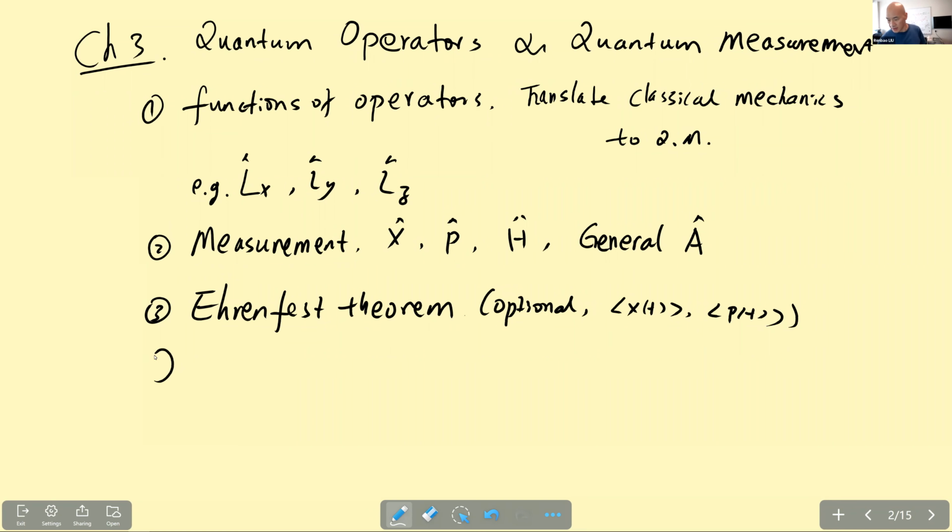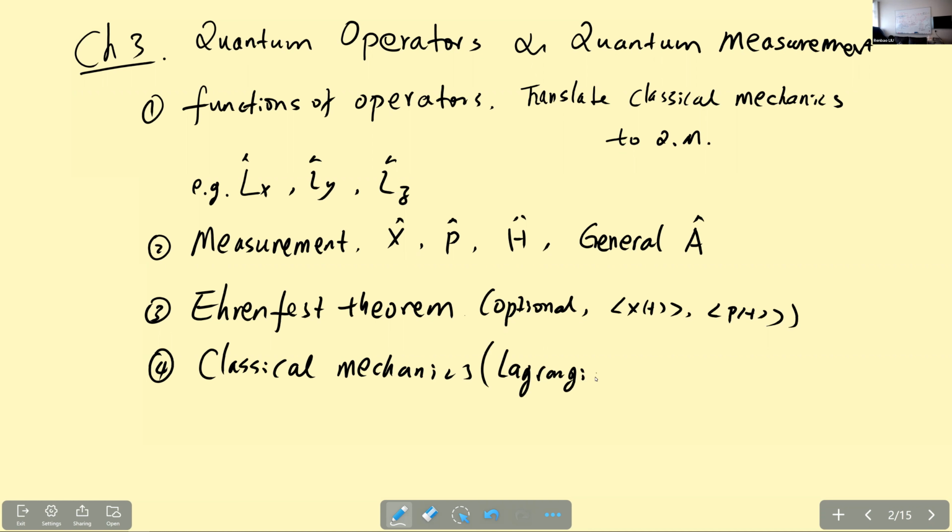Furthermore, if we have time, we're going to discuss some classical mechanics, like Lagrangian formalism and Hamiltonian, and then we look at the correspondence between classical mechanics and quantum mechanics and see what's the fundamental relation and also what's the fundamental difference.